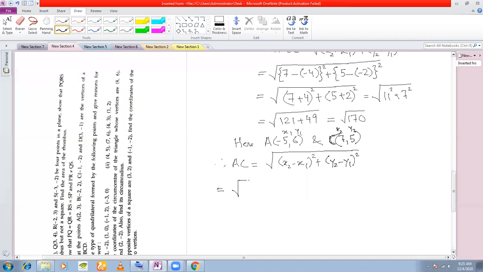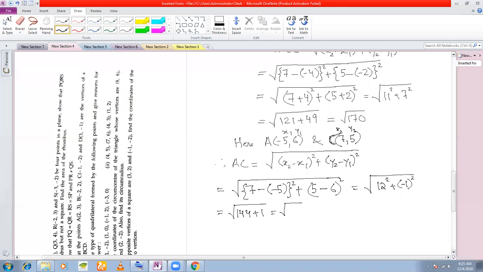So AC is root of (x2 minus x1) whole square plus (y2 minus y1) whole square, root of (7 plus 5) which is 12 square plus (minus 1) square, which is square root of 144 plus 1, which is square root 145.